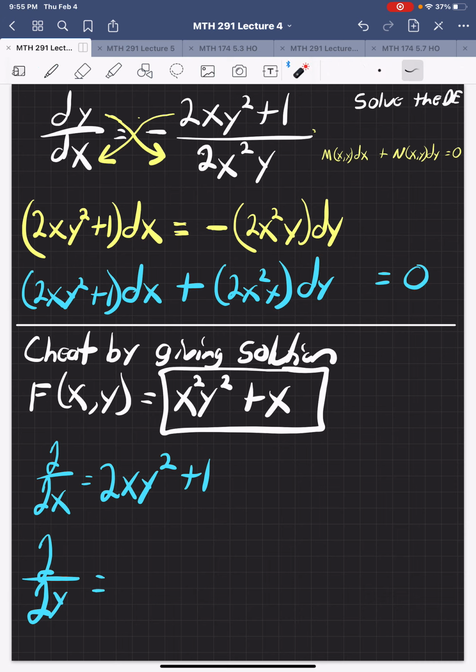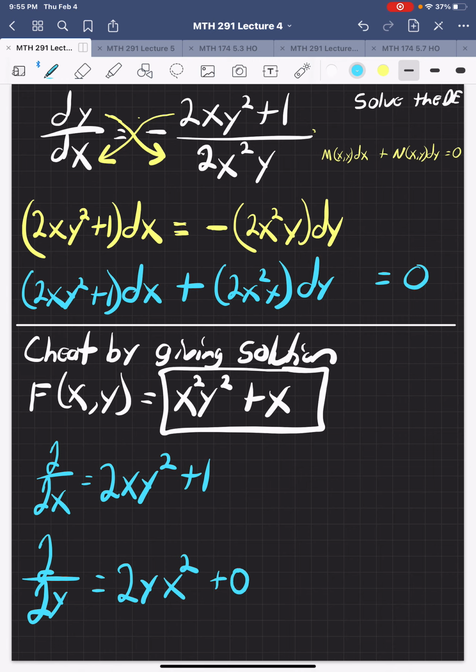Now we'll treat x as if it were a constant. Likewise, the derivative of y squared is 2y, so that's 2x squared y. And the derivative of x, a constant, is just going to equal 0.